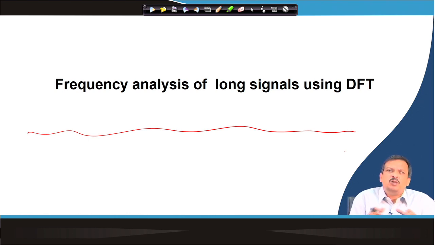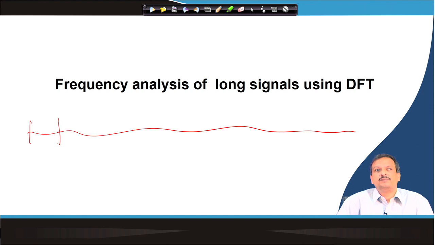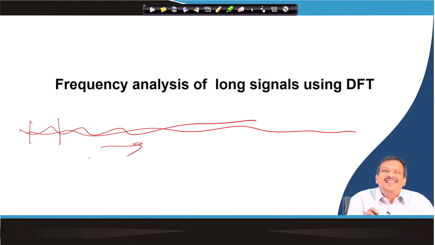So, if I want to analyze the frequency of the signal, I have to take a small portion of the signal. Another problem: I have a signal which is not time invariant. I have a long signal, and along the timeline the signal changes its property, a non-stationary signal.